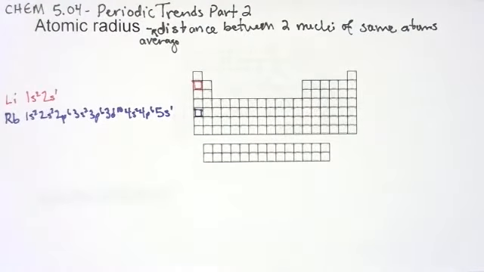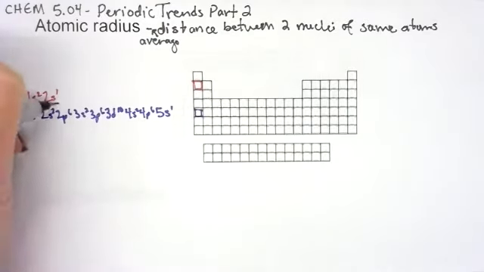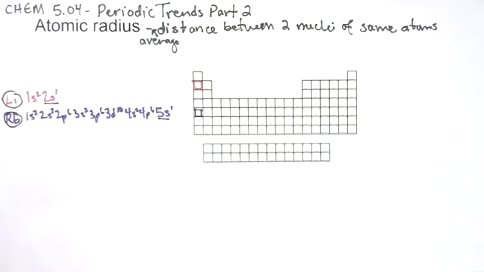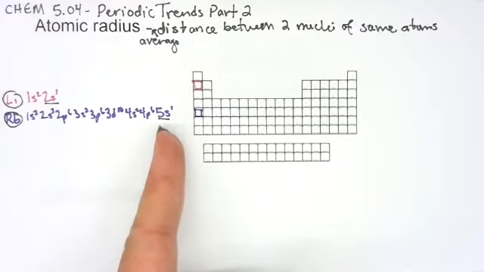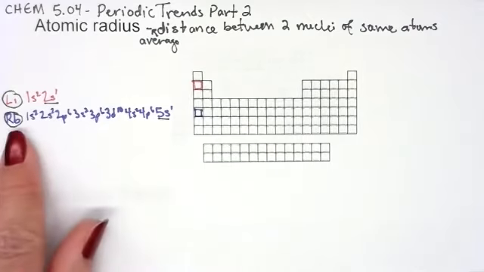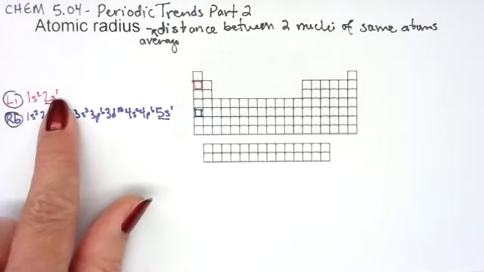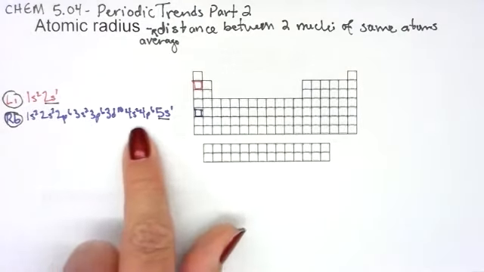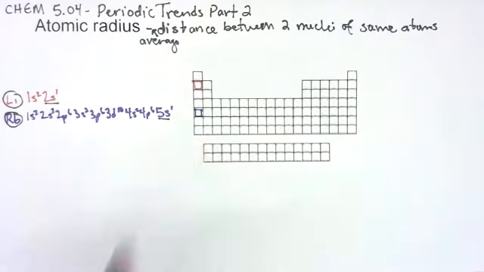If this represents the nucleus and this is my valence electron, theoretically we can think of radius as the nucleus to the valence electron. It's just difficult to measure. Look at my radius here, that's pretty short. Look at my radius here, that's a lot bigger because we added all of those electrons.